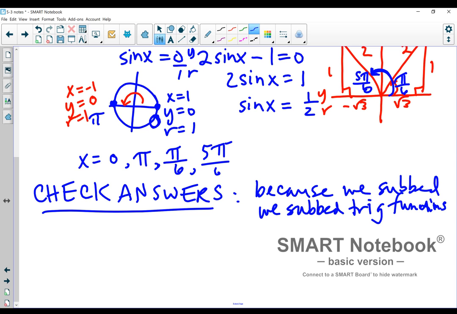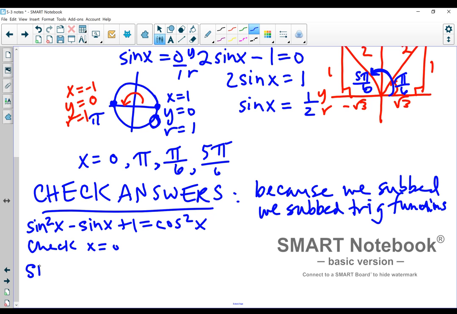So my original, so that I can see it, was sine squared x minus sine x plus 1 equals cosine squared x. So this is the one I'm checking. And first I'm going to check x equals 0. And the good thing is I've already got the picture drawn. So I will have sine squared of 0.